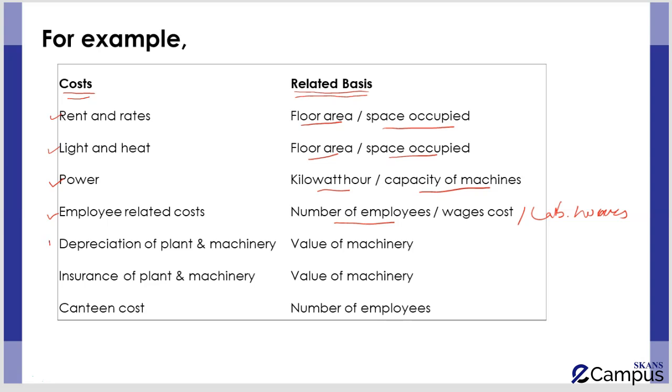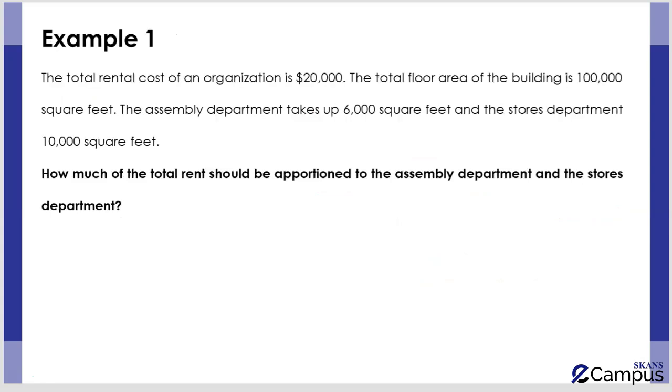For depreciation of machinery and for the insurance of plant and machinery, we use value of machinery, or we can use machine hours as well. So we have a choice here. For canteen, we use number of employees as base information. Now moving on to the next slide.